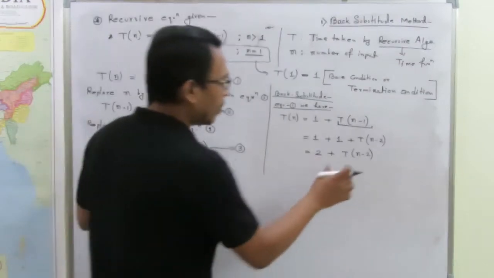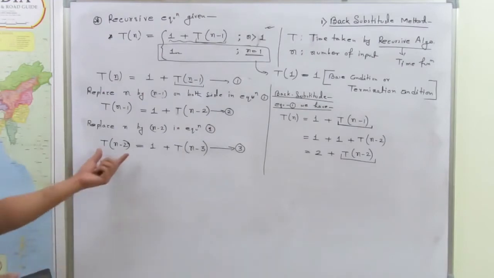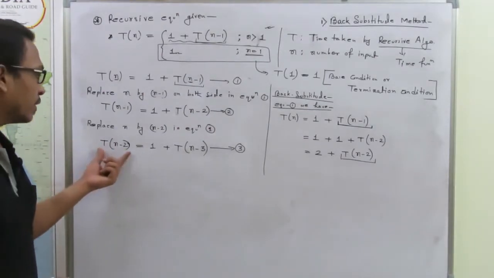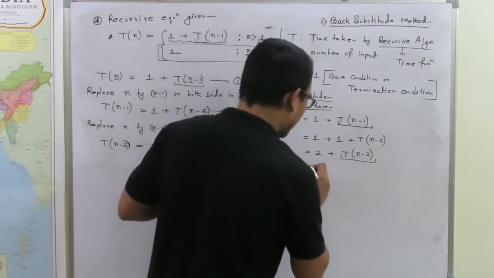Clear? Now here we get t of n minus 2, and we know the definition of t of n minus 2. T of n minus 2 is 1 plus t of n minus 3. So let's replace again.